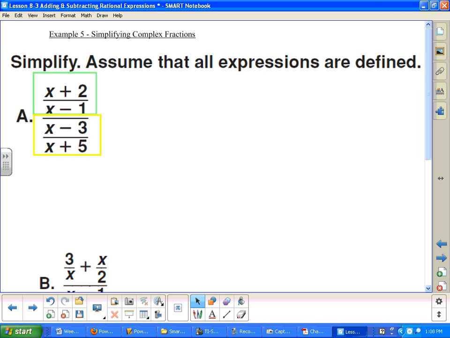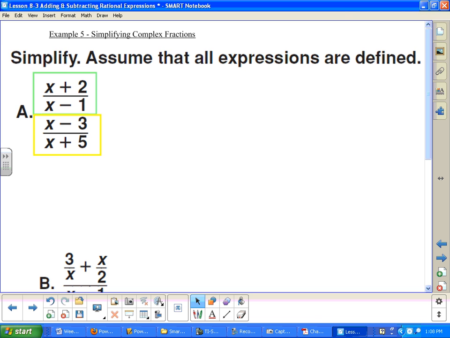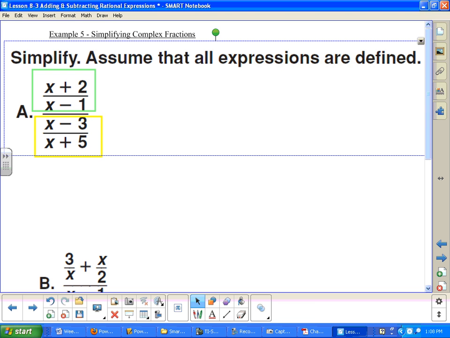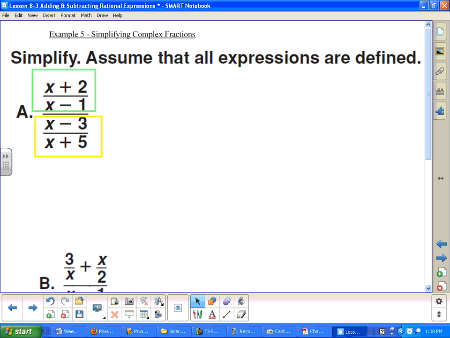So if I have a fraction divided by a fraction, what are we supposed to do? Okay, copy, change to multiplication, and flip it over.